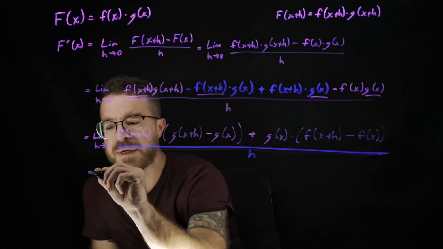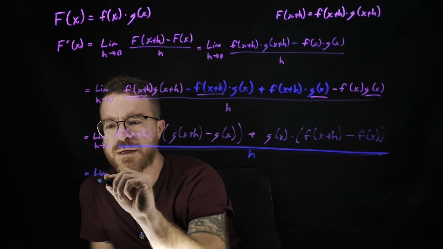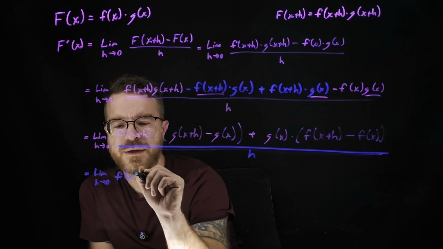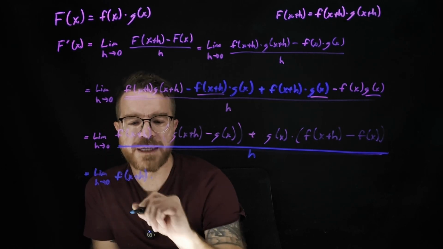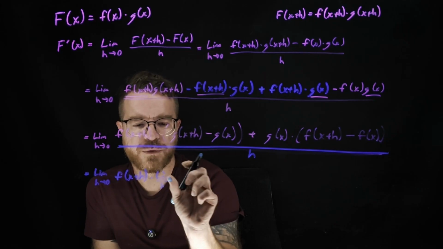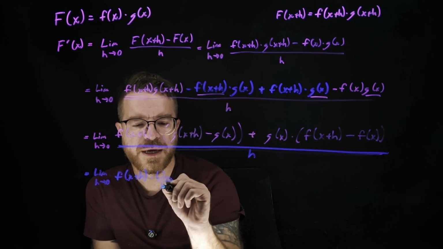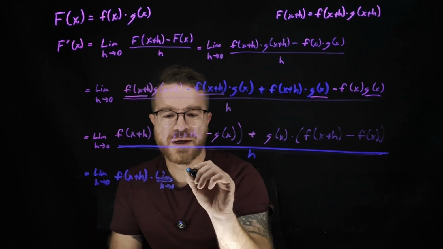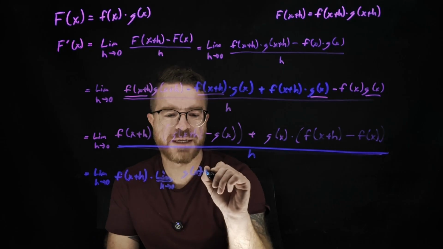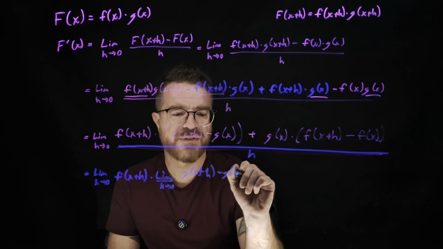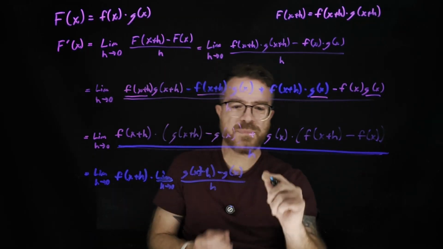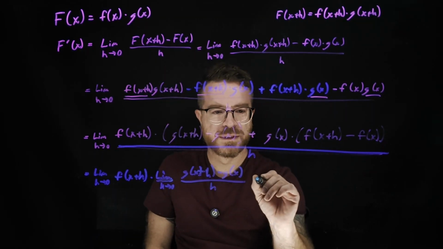So this is then going to become the limit as h goes to 0, f of x plus h, times the limit as h goes to 0, g of x plus h minus g of x, divided by h.